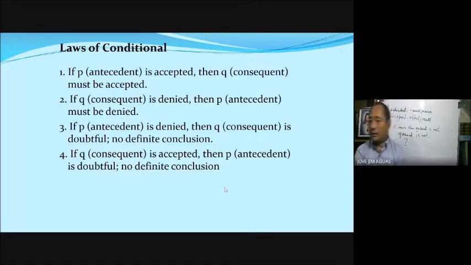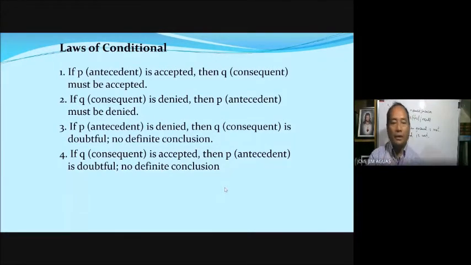If you say, if I eat in a fine restaurant, then I will be satisfied. If I eat at a fine restaurant, then I will be satisfied. You ate in a fine restaurant. What's the conclusion? Well, of course, you are satisfied.